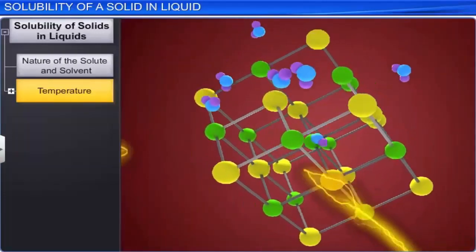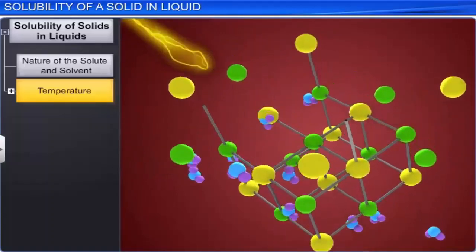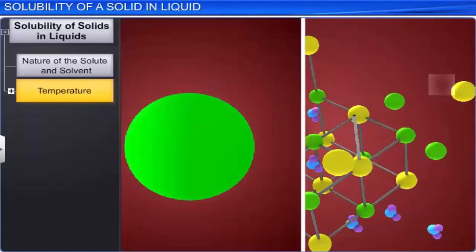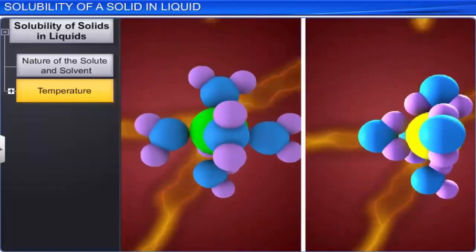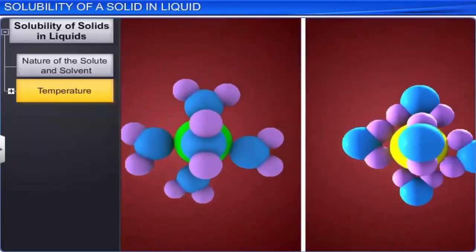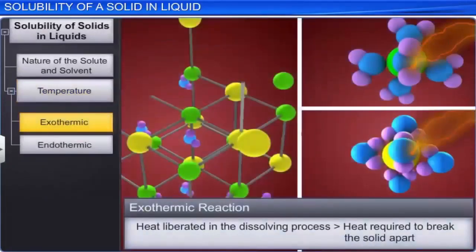At the same time, heat is given off during the formation of new solute-solvent bonds. If the heat liberated in the dissolving process is greater than the heat required to break the solid apart, the net dissolving reaction is exothermic, as energy is given off in the process.